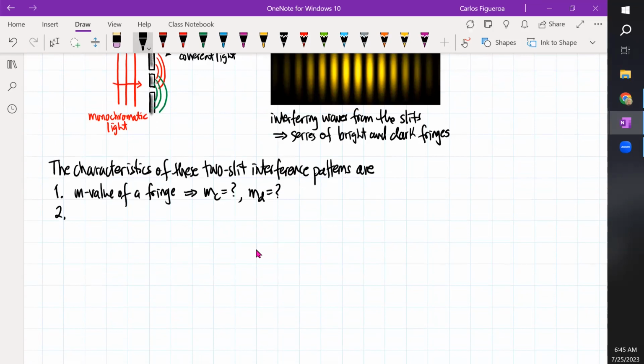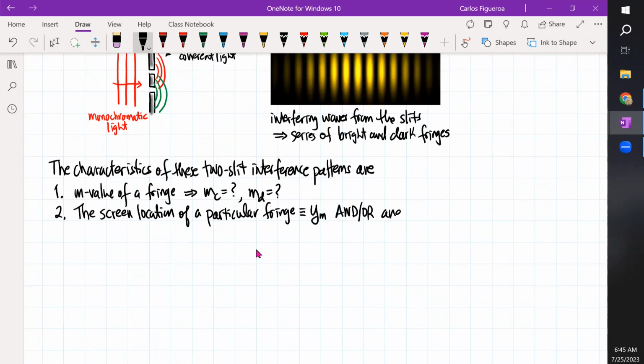Two, we need the screen location of a particular fringe. In this case, this fringe location is typically written as y of m, or we need the angular location, which I'll label as theta of m.